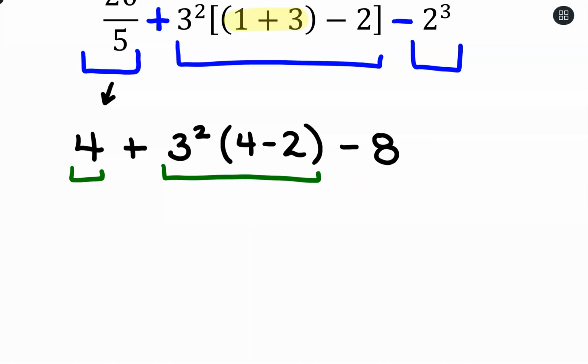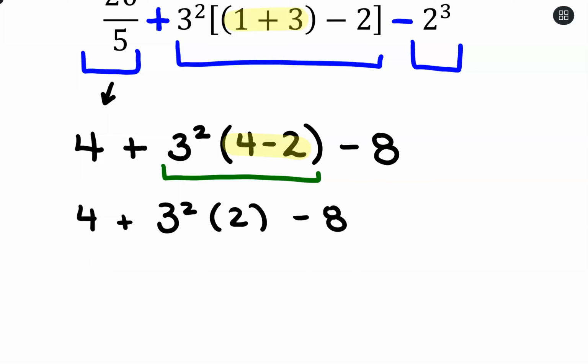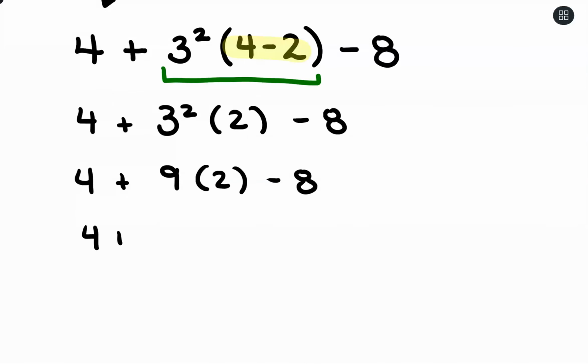Because if we think of our 3 terms now, that 4 and that negative 8, those are done. There's nothing else to do there. So I don't need to focus on those anymore. Now it's all about applying PEMDAS to that middle term. So this 4 and the 8 are just going to keep staying the way they are until we get to the end. And let's see, 9 times 2 is 18.